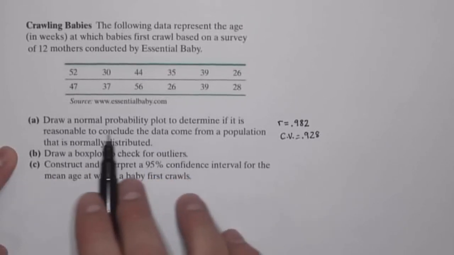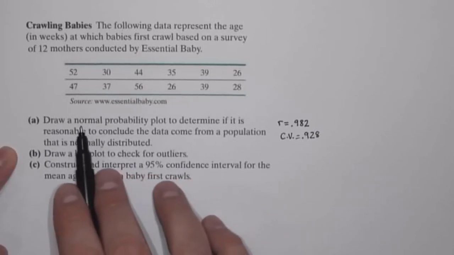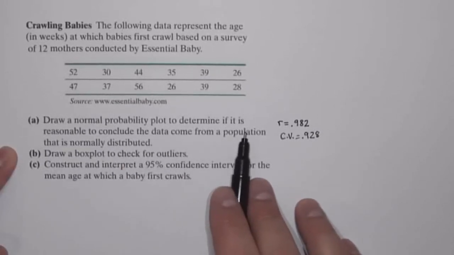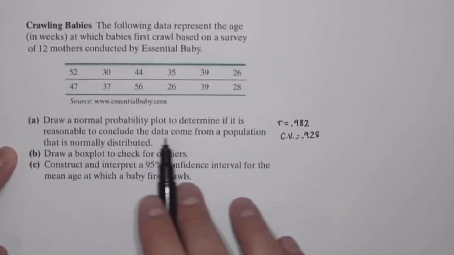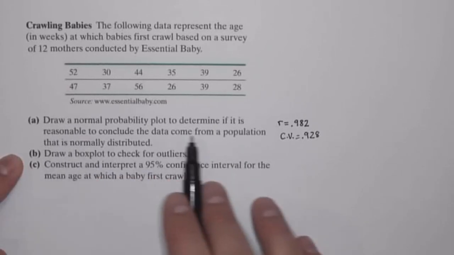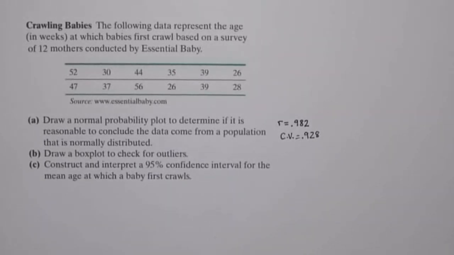So question A, our QQ plot. Again, we used a QQ plot technically instead of a normal probability plot, but it does seem reasonable that our data, our 12 data values, are coming from a population that's normally distributed. So the answer to A, yep, it looks like the data are coming from a normal population.